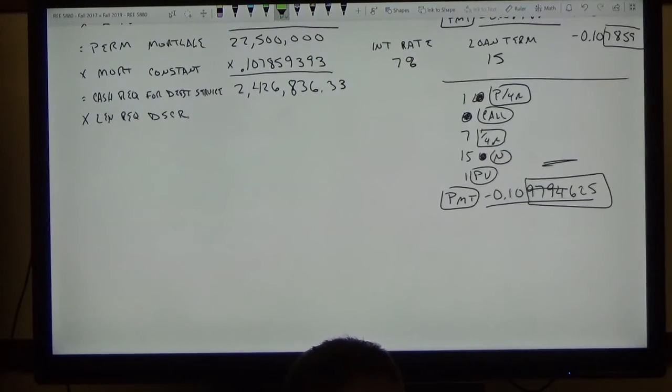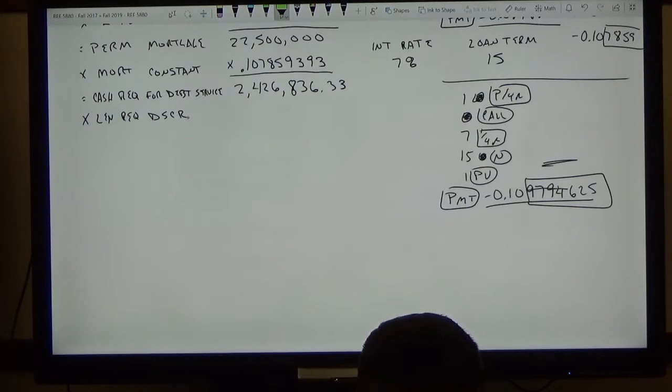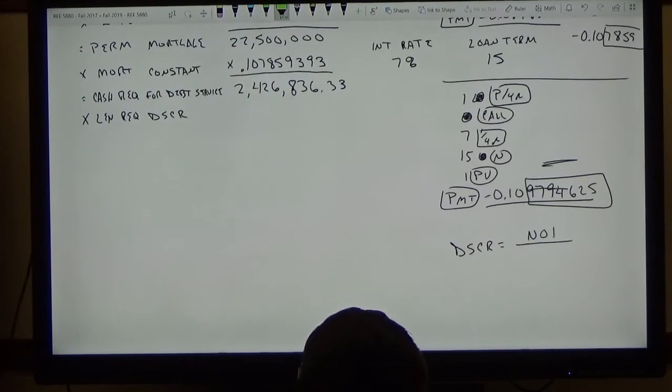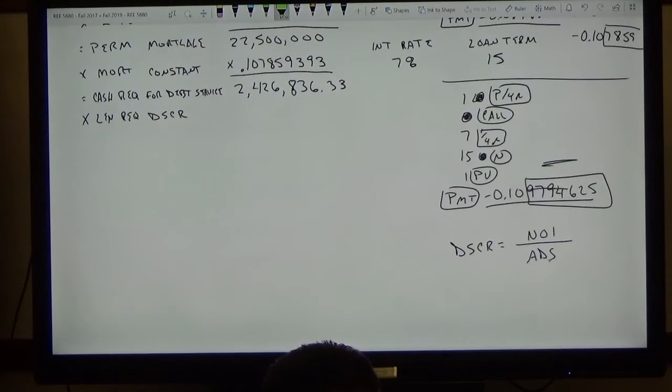If you remember, the debt service coverage ratio is equal to the net operating income divided by the annual debt service. The whole point is the lender wants to ensure that they're going to be paid, so they want some sort of a cushion above and beyond whatever that payment is relative to the income the property is generating.